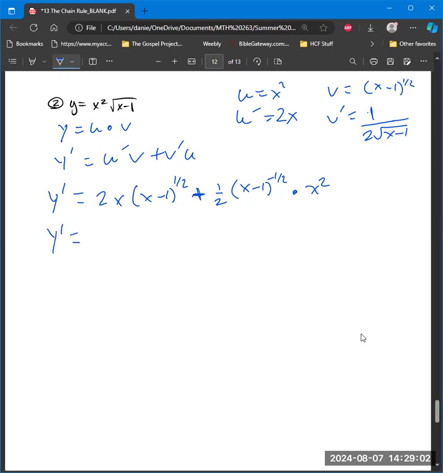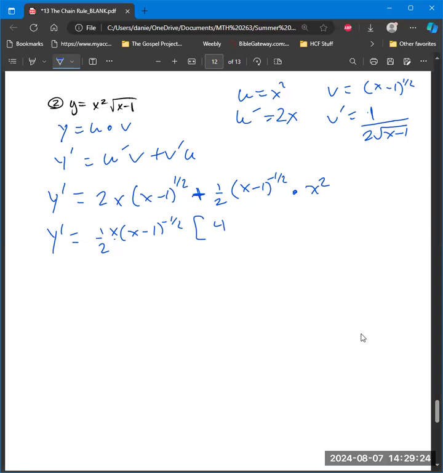This is y prime is going to be, factor out that 1/2, factor out the x minus 1 to the negative 1/2, and factor out the x. It's common. 2 divided by 1/2 is 4. X divided by x is 1.